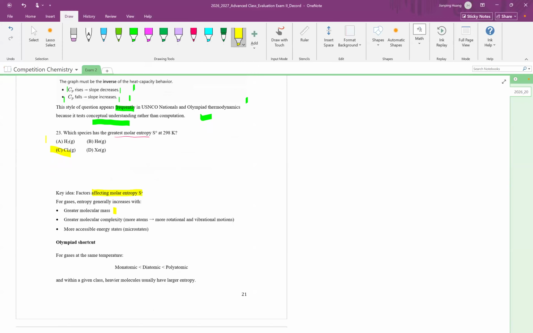Now, the complexity: if you have more atoms, you have more rotation and vibration, right? And also the microstates. That's the way to determine entropy.